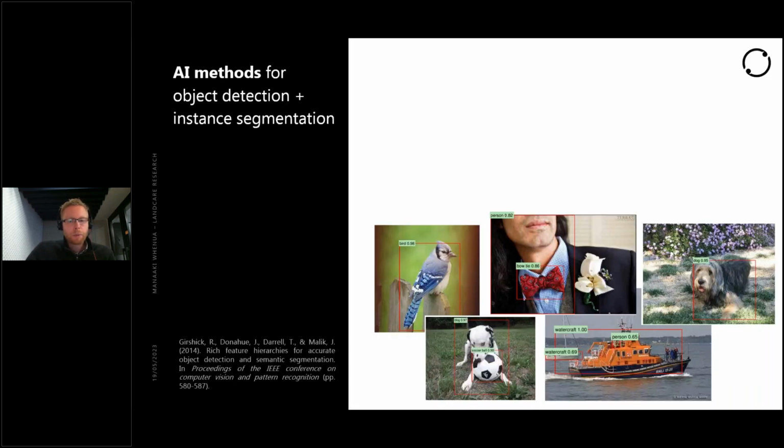So you've probably seen a lot of images like this coming from Google, Microsoft, Facebook. You can basically identify objects in images using AI these days, and what it does, it creates bounding boxes and also attaches a certainty score to them.